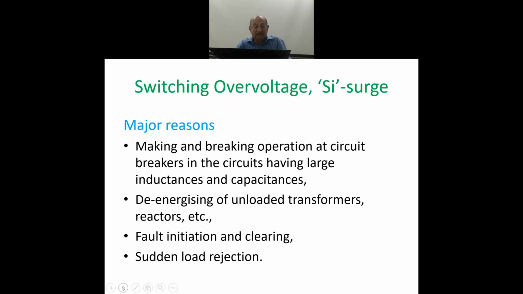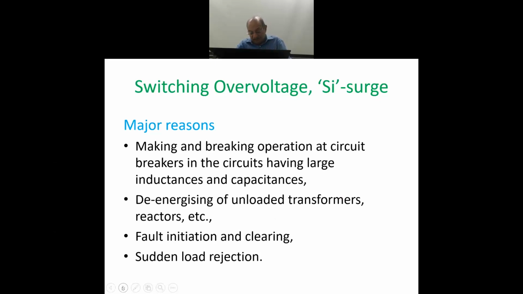Now, large current flows in the inductance. In the inductance that is formed by the conductor, the current keeps flowing always. Also during fault conditions, as I said, the current could be 100 times higher. Now, what happens when we interrupt a fault?